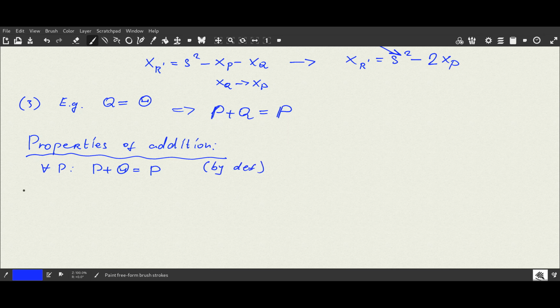Interestingly enough, this means the notion of a zero.